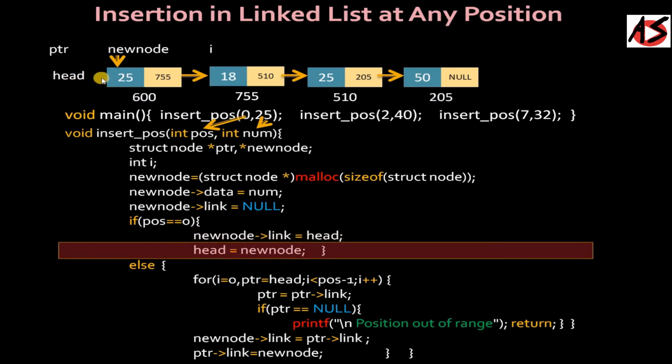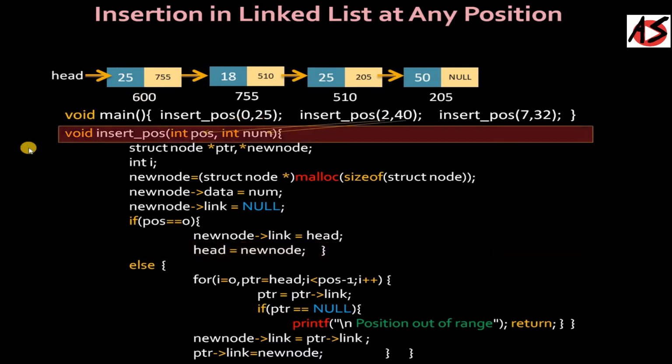So now head is pointing to the address of the new node. You can see head and new node are both pointing to the first node having address 600. So this is the insertion of the first element using the insert pos function.